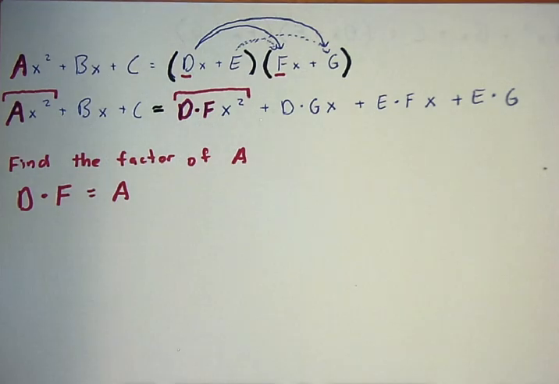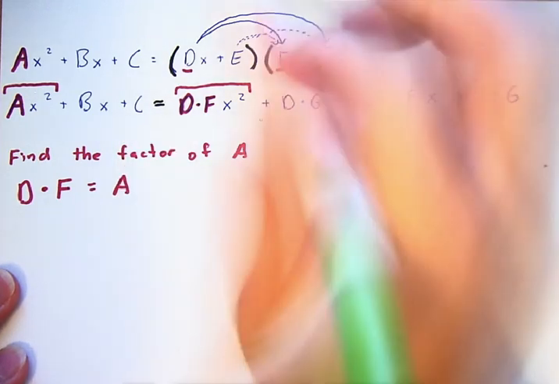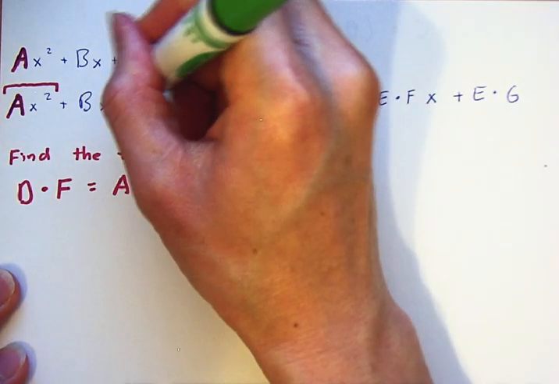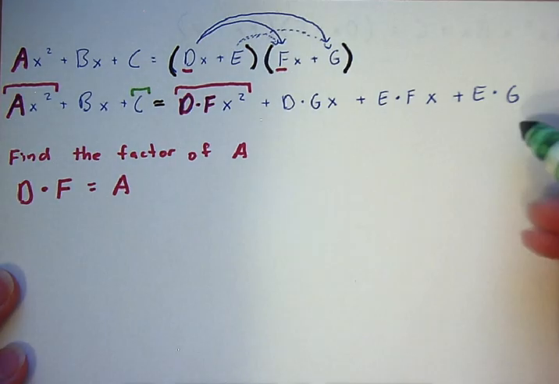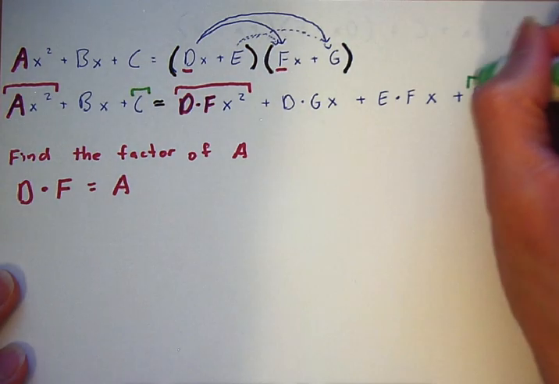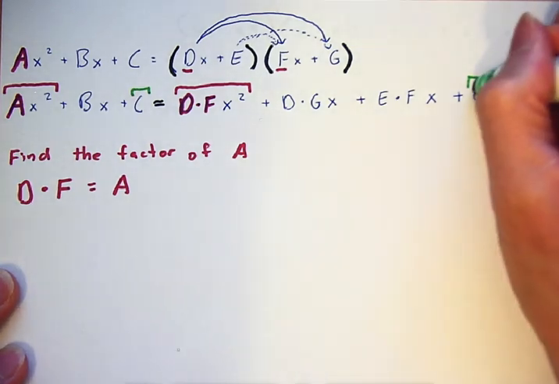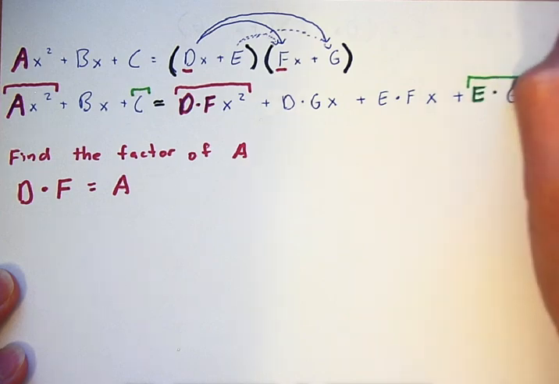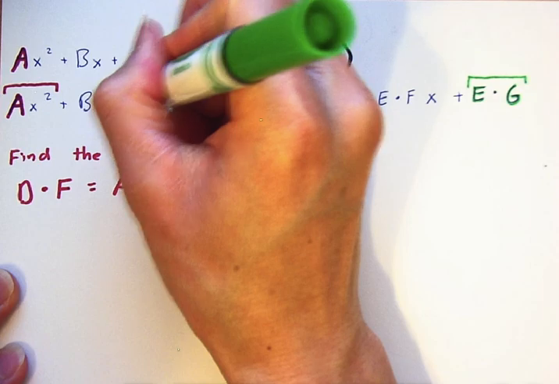Okay, let's continue to look at this. On the left-hand side, I only have one term that is a constant, so no x's. On the right-hand side, I only have one term that is a constant, my e times g. So therefore, I know that my e times my g will equal this constant c.